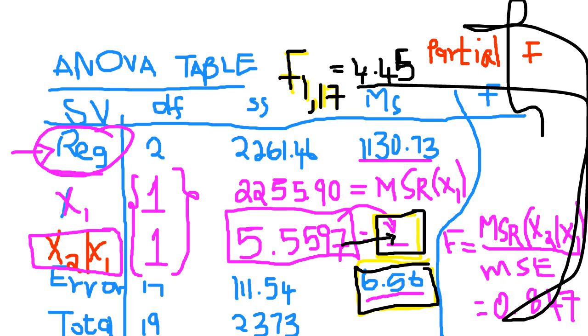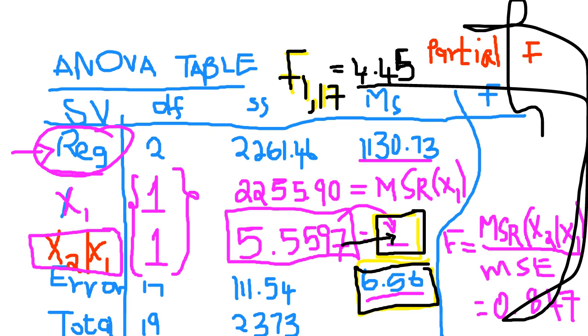So based on your F, which statement is true? Based on your F tabulated and F calculated, I repeat, the null hypothesis will say variable X2 does not improve the model after X1 has been included, and the alternative hypothesis will say variable X2 significantly improves the model after X1 has been included.